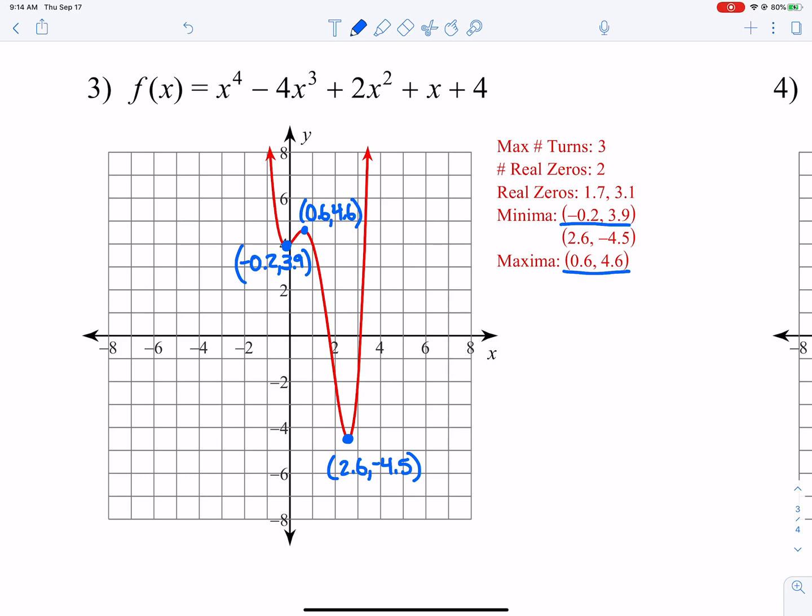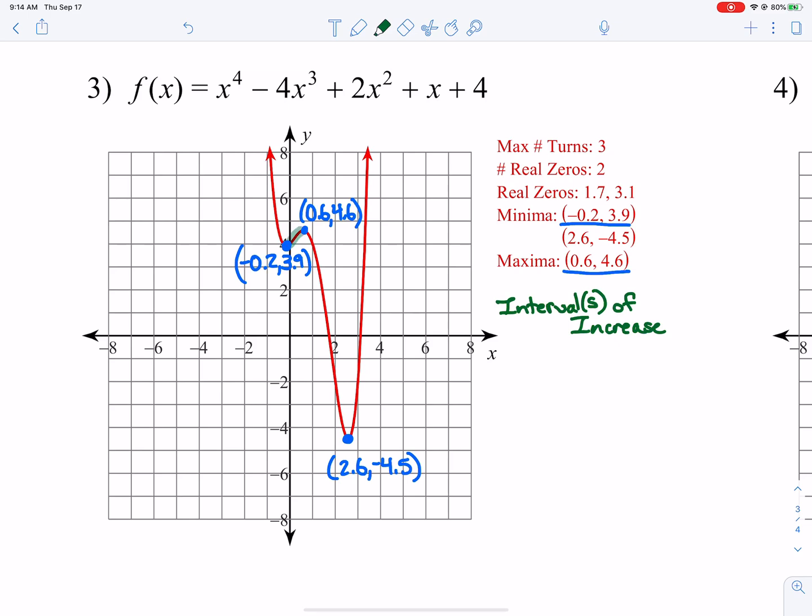So then let's pick out intervals of increase. Let's pick out where this graph is increasing or going up from left to right.